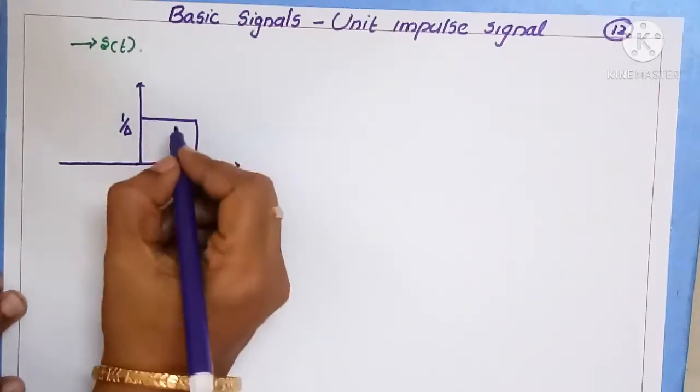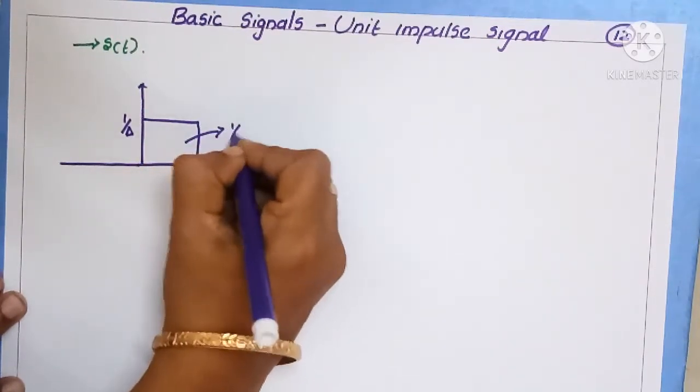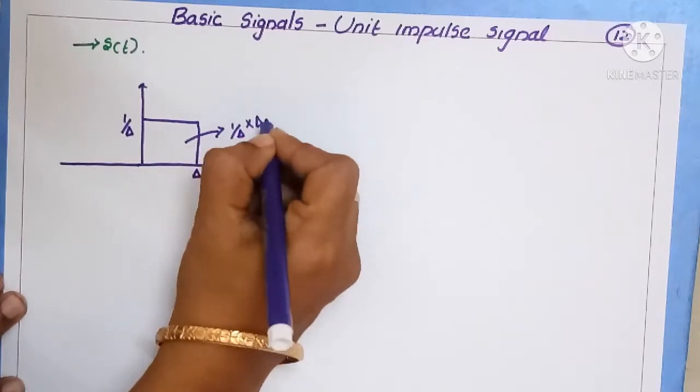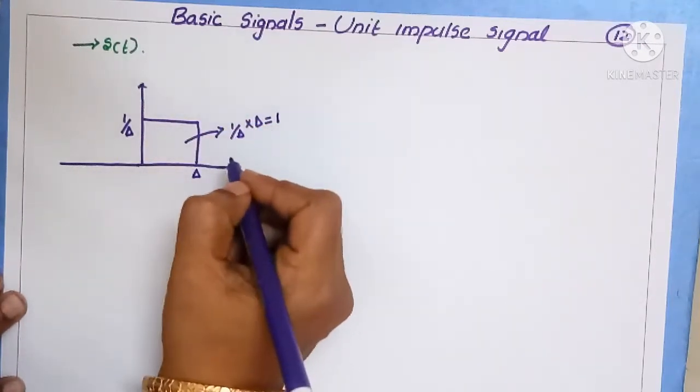Then what will be the area of this rectangular pulse? 1 by delta into delta, which is equal to 1.